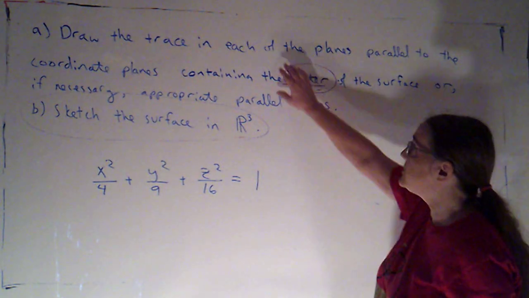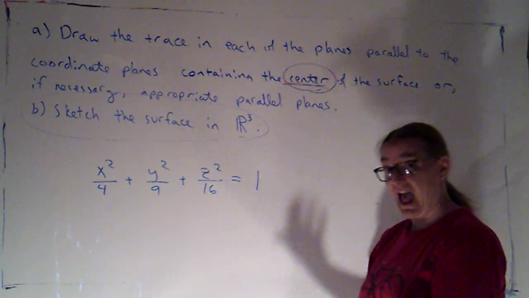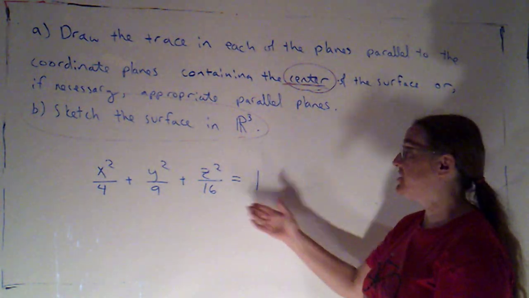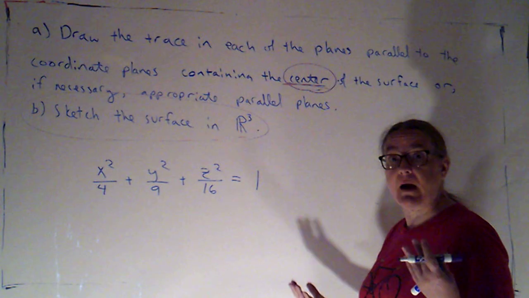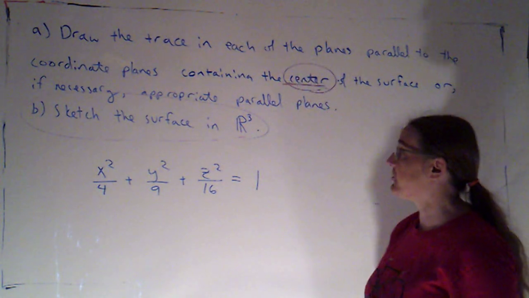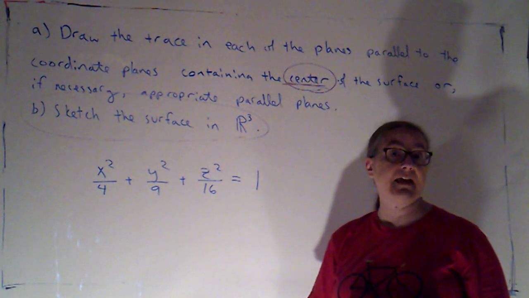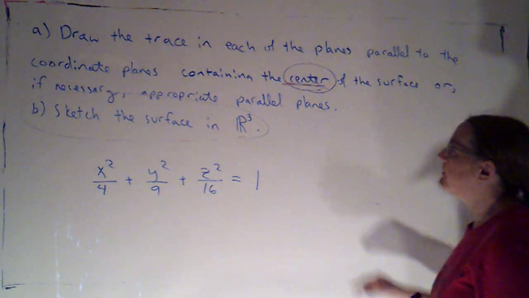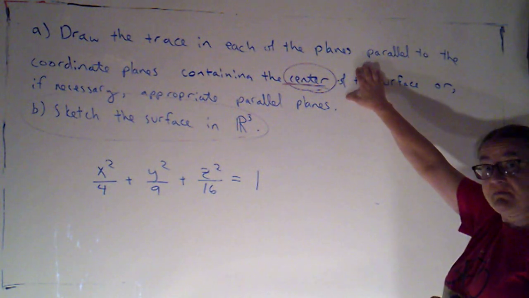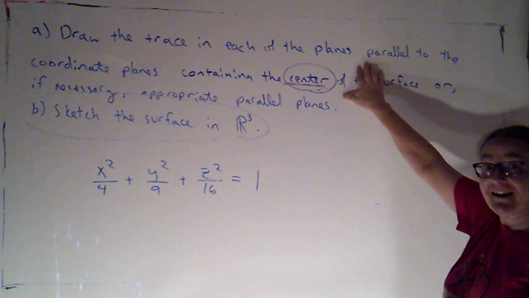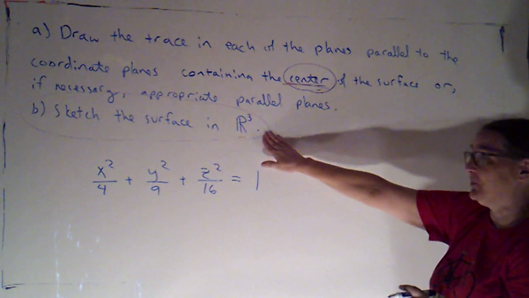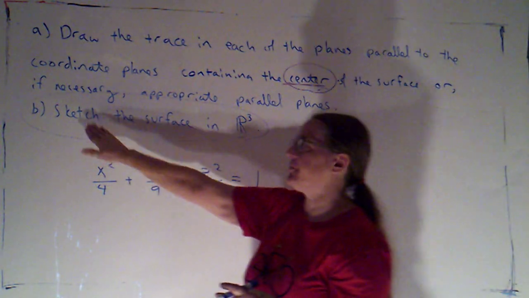You might choose to draw these traces as a helper to help you sketch your surface in R3. You might be confident enough that you know how to sketch the surface without doing those traces that you can jump right to that result. Just be aware, even if I don't specify that you need to do it, this could be a way to earn some partial credit if you're feeling a little bit sketchy about your sketch.